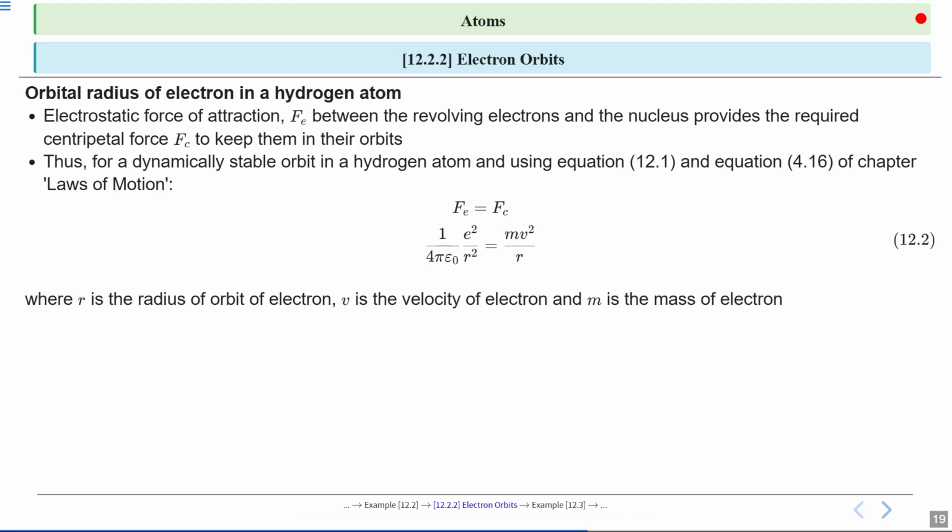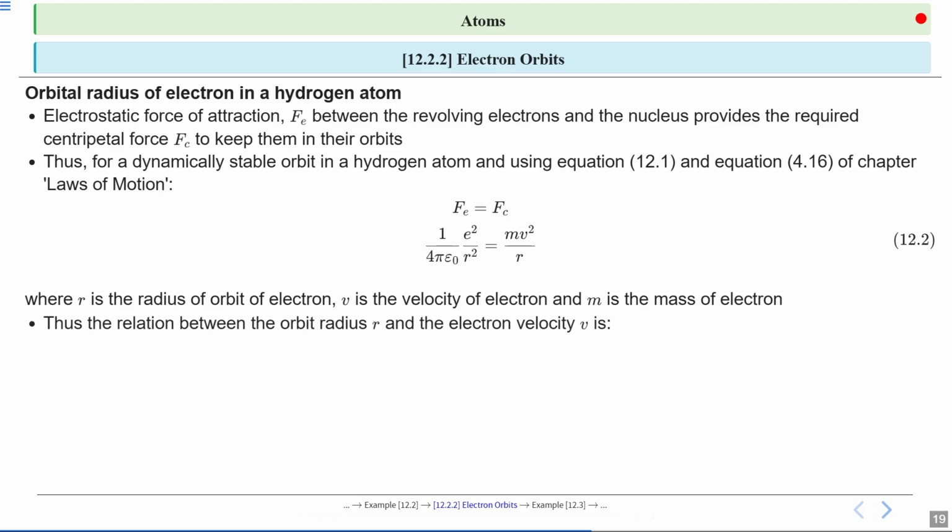Here the charge on the hydrogen nucleus is e due to one proton, and one electron is there in the hydrogen atom having magnitude of charge e. So e multiplied by e, e square upon r square. And what is centripetal force according to equation 4.16 of the chapter Laws of Motion? m v square by r, where r is the radius of orbit of the electron, v is the velocity of the electron, and m is the mass of the electron.